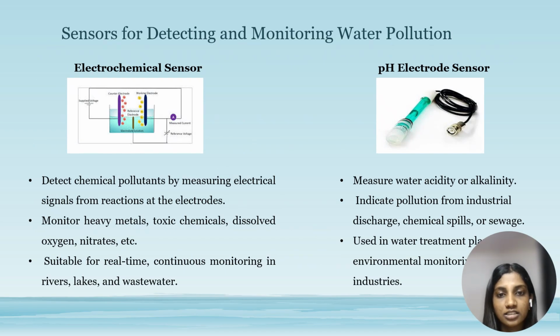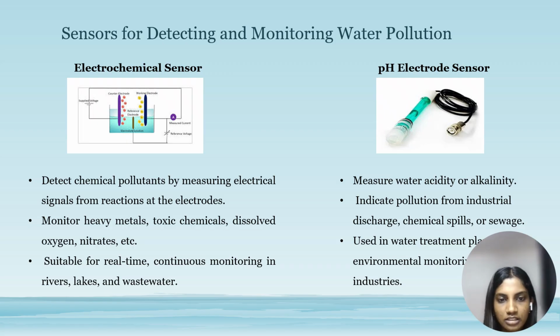There are two sensors for detecting and monitoring water pollution. So the first one is electrochemical sensor and the second one is pH electrode sensor. So the electrochemical sensor detects the chemical pollutants by measuring the electrical signals from reaction at the electrodes.